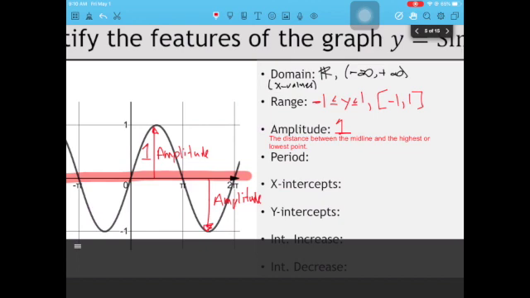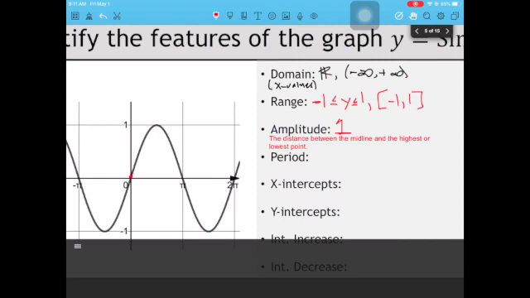So what's the period of this trig function going to be? The period is basically how long it takes for the values to start repeating a whole cycle. So if you notice here, how long does it take to go around the unit circle?